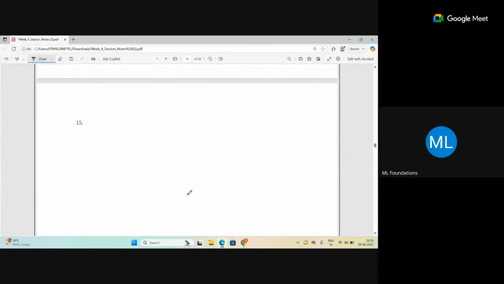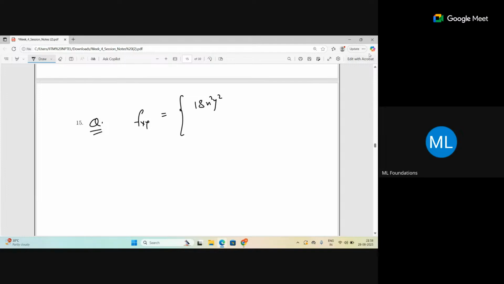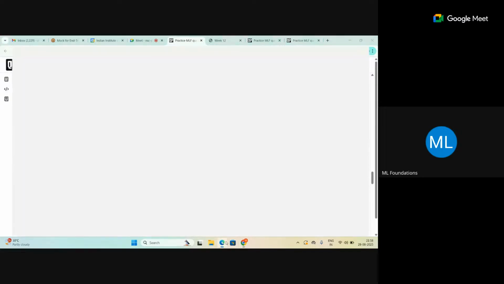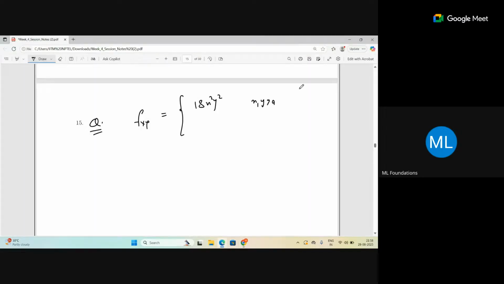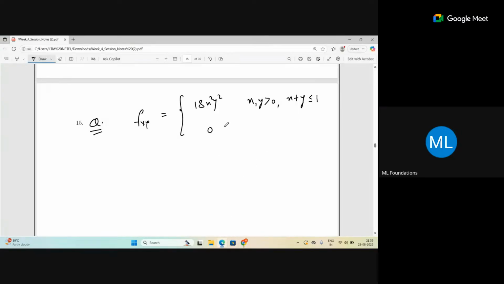Can you tell me what the joint density is here? f(x,y) is 18x square y square, for x and y greater than 0 and x plus y less than or equal to 1, and 0 otherwise.